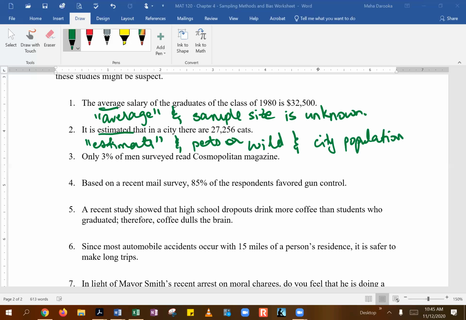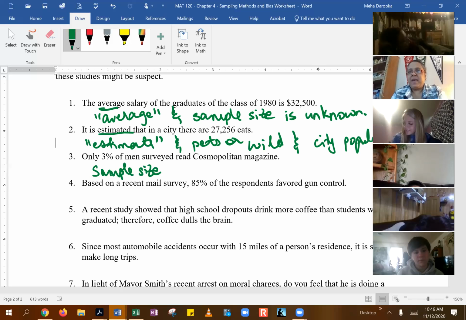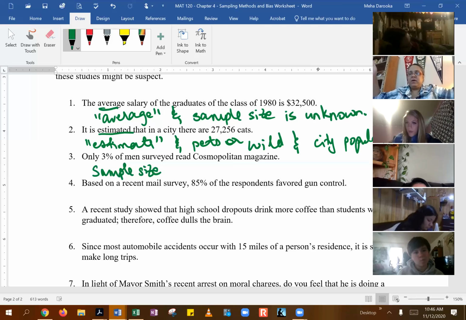Yeah, how many men were surveyed, right? Because they're talking about only 3% of men surveyed, but then they're not telling us 3% out of how many, right? So we don't know again what the sample size was here. Because if they talk to 10 men and 3 of them read Cosmo, well, that's your 3%. Or did they talk to 100,000 men and out of that they got 3%? That sample size, again, makes a difference.